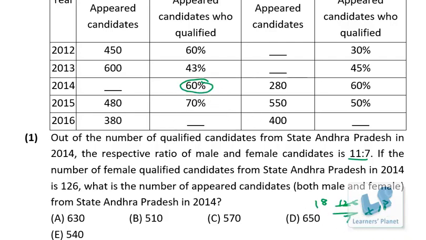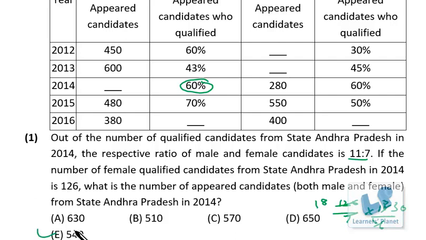This is 60% of the appeared candidates, so the appeared candidates will be 324 divided by 0.6, that is 540.